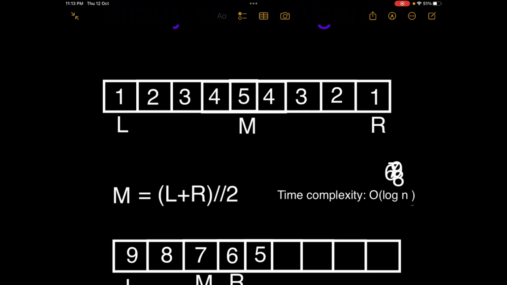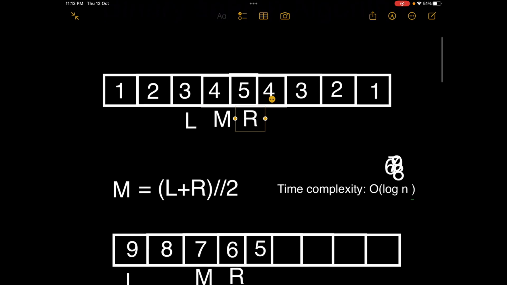We are using left, mid and right pointers, L will be our left and R will be our right. We will be checking if M is greater than L and M is smaller than R, then it will be in ascending order.